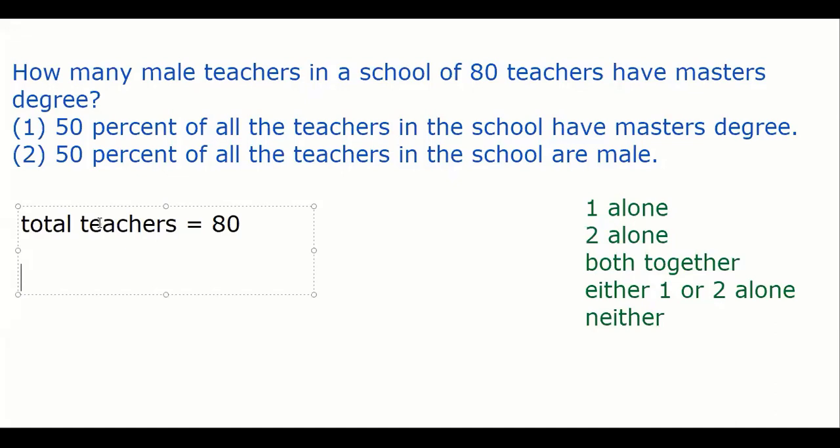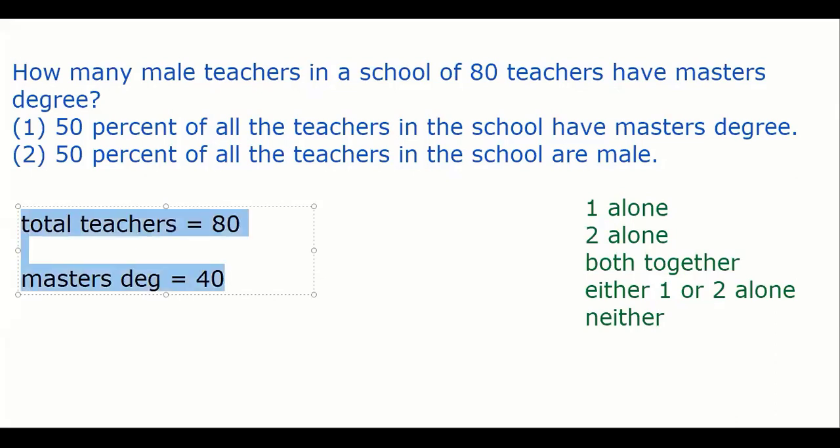Total teachers are 80. 50% of 80 is 40. So we can say master degree, how many out of that 80? 40, right? So from these two pieces of information, can you find out how many male teachers? No, right? We only know we have 80 teachers, out of that 40 have masters. We don't know how many male, female. So from first alone, we cannot find out. So first alone is gone.